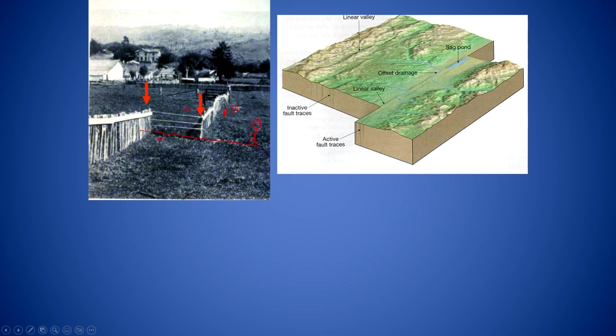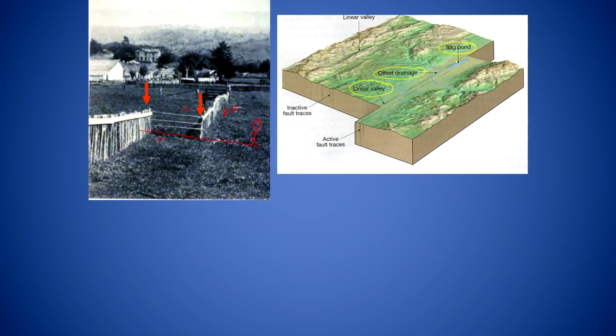Similarly, on the other figure, it has been shown that if you are looking at a strike slip, then you will come across linear valleys, offset of streams, formation of sag ponds, and one more thing which we will talk about.